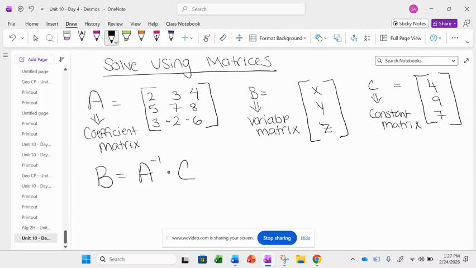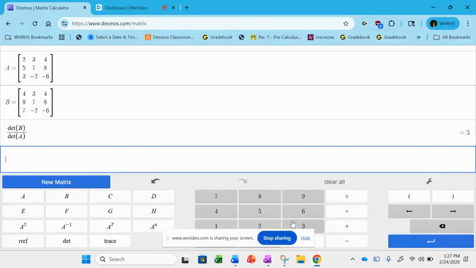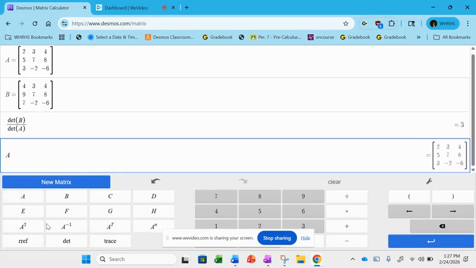Now we just go into Desmos and type this all in. We already have our coefficient matrix. Isn't that matrix A? So now I'm going to find the inverse of matrix A. So I'm going to say A inverse. And what am I going to multiply? Oh, wait, I can't do this yet. What should I do first?